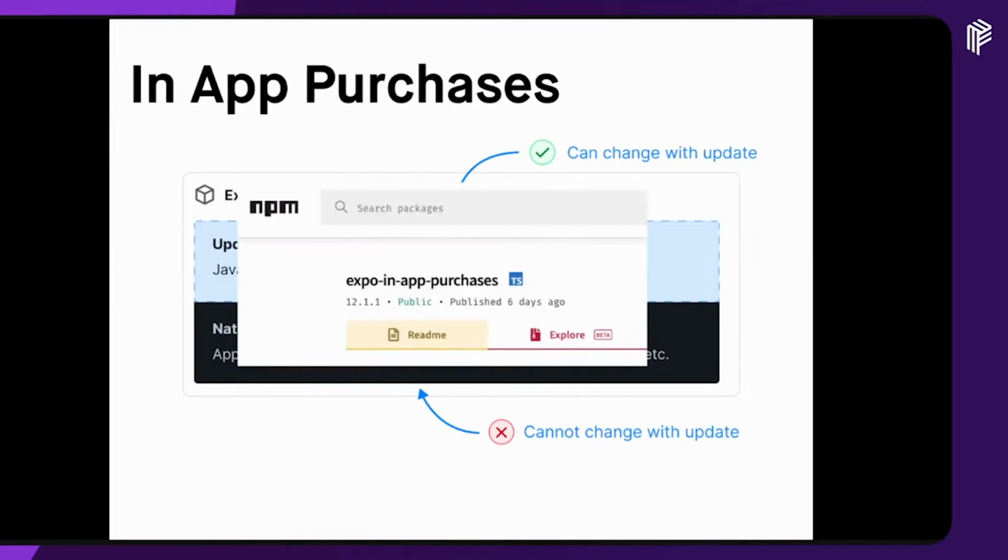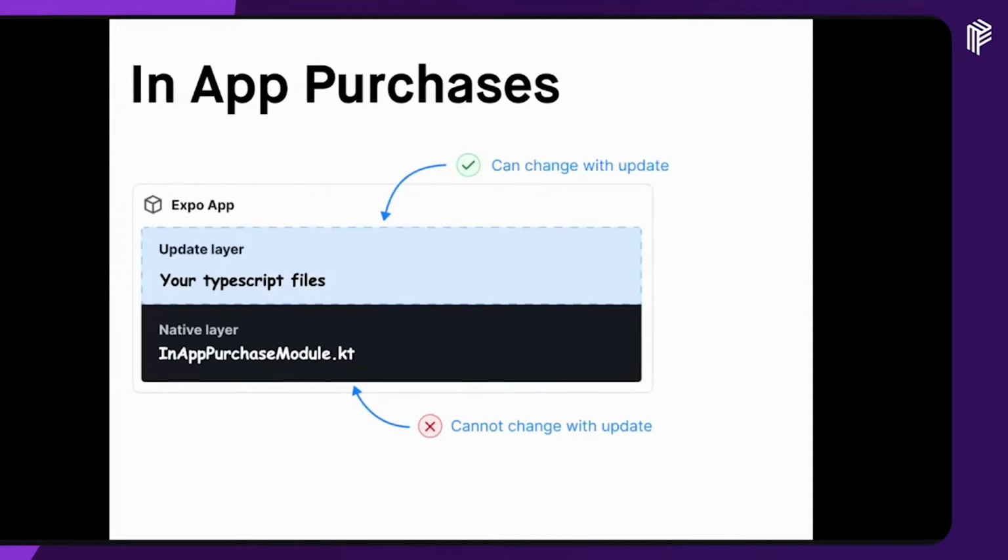So let's say we pull in an in-app purchase module from NPM. Let's see how our binary would change in the context of this install. As usual, your update layer contains your TypeScript files or your JavaScript files. And in the native layer, you'll have in-app purchase modules, like the Kotlin versions for Android, and the Swift modules for iOS.